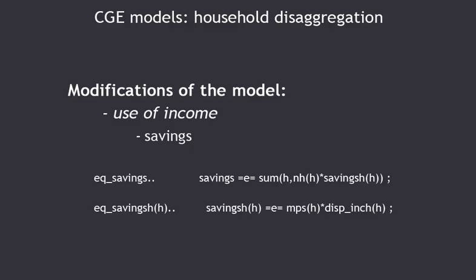As far as savings is concerned, it's very simple. We also have two equations. One is called EQ_savings. In this equation, the total savings of households is the sum over all categories of households of the product of the number of households per category by the savings of a household in that category.